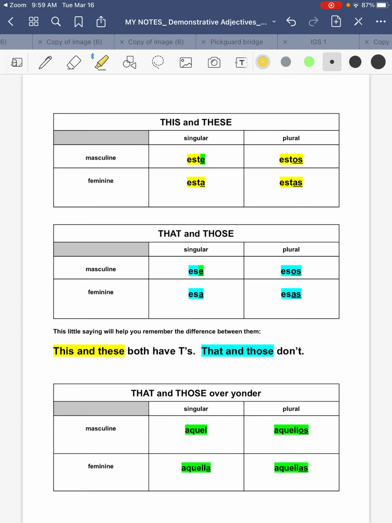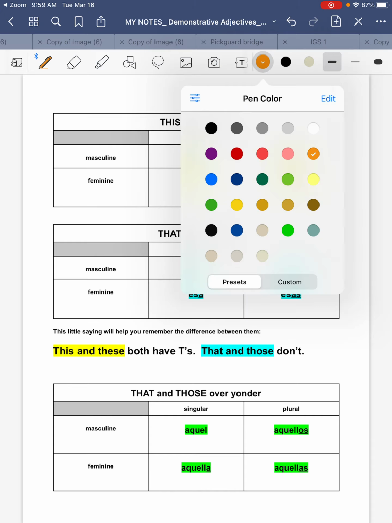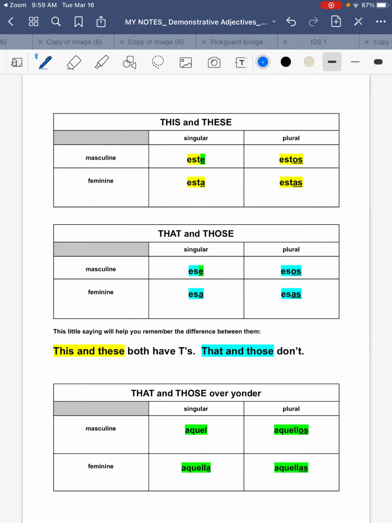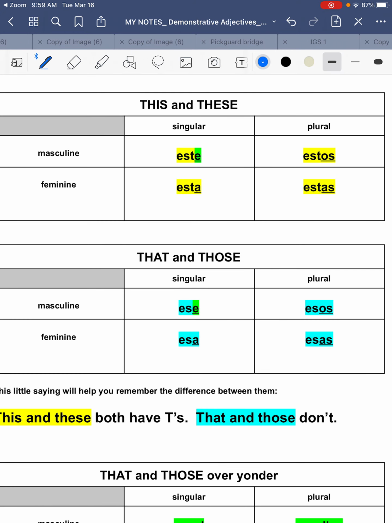Let's go ahead and take a look at these in all their different forms. First of all, this and these. Like all other adjectives in Spanish, it's going to have a masculine, feminine, singular, and plural form. Este sombrero, estos zapatos, esta camisa, estas botas.